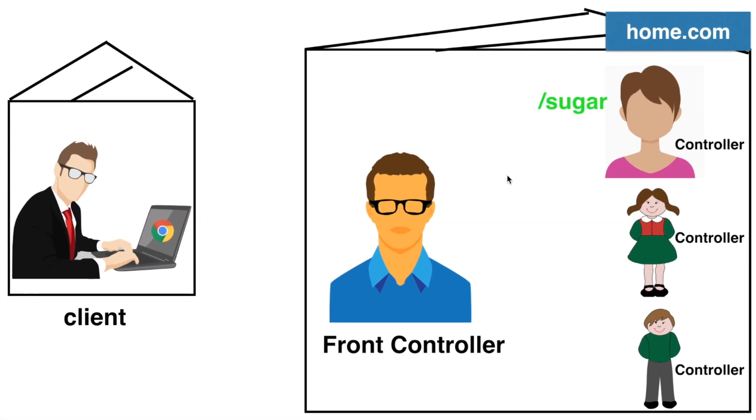Just like that, if anybody wants a makeup kit, then the sis controller will come into the picture because it is mapped with a URL called /makeup. So it is going to handle all the requests coming to this website home.com ending with /makeup. And it is going to help the client to get a makeup kit.